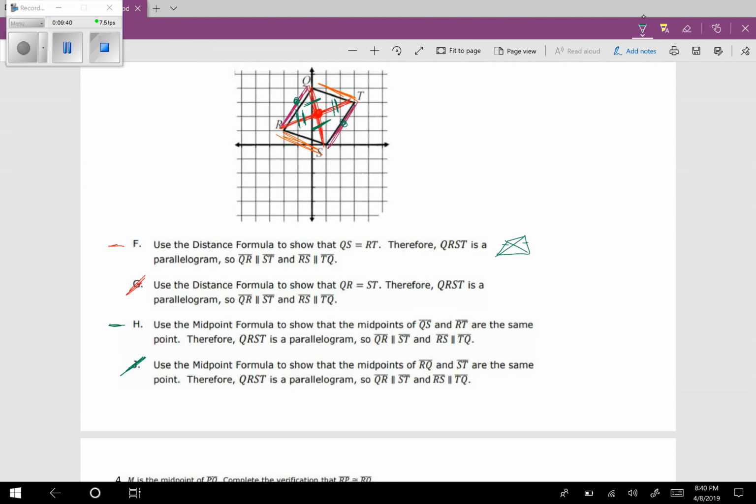Your diagonals are going to be congruent to each other. But does that mean that it's a parallelogram? Because if it's an isosceles trapezoid, it can't be a parallelogram. So that's why we can't use F, okay? You have to use H, because if you're going to show that something is a parallelogram, the midpoints of the diagonals have to be the same. So it's got to be H.